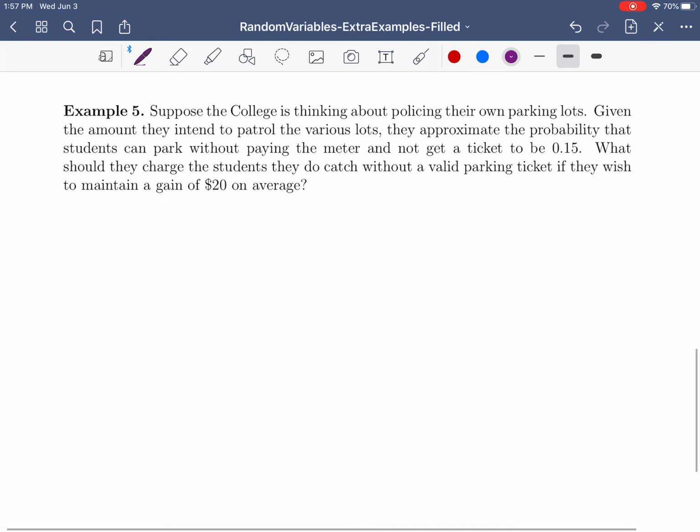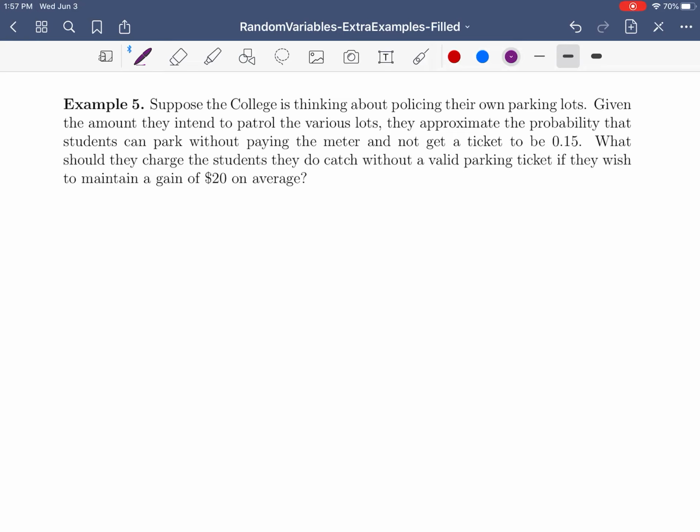Okay, one more example. Suppose the college is thinking about policing their own parking lots. Given the amount they intend to patrol the lots, they approximate the probability that students can park without paying and not get a ticket to be 0.15. What should they charge the students that they do catch if they wish to gain $20 on average?